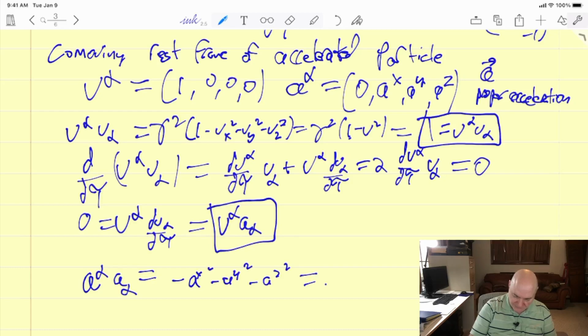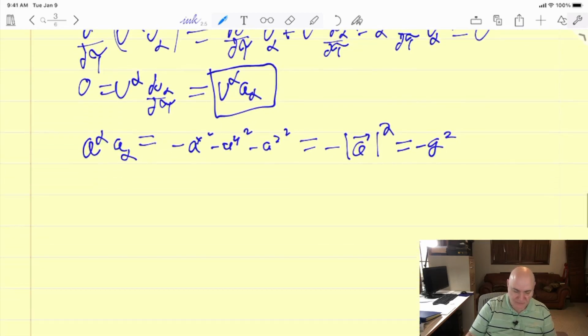Or in other words, it's minus the absolute value of a squared. Just to not use the symbol a, I'm going to call that minus g squared. Think of g as the acceleration we have from gravity.